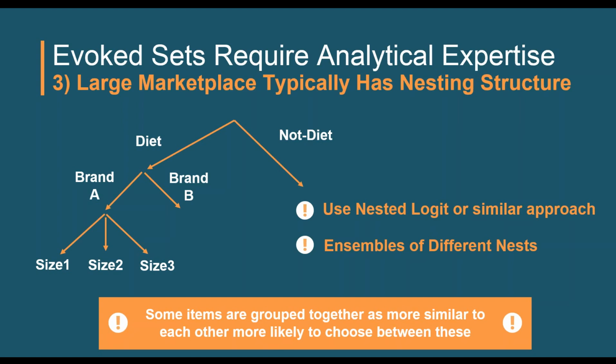So I'm going to ignore non-diets. And then within diet, I'm going to make a decision between brand A or B. And then within brand A, I'm going to review different sizes. The problem is not everybody has the same nesting structure. So what you actually see people do is run different nesting structures and use an ensemble of those different nesting structures to come up with your final predictions.